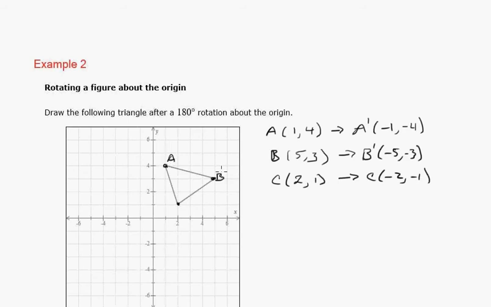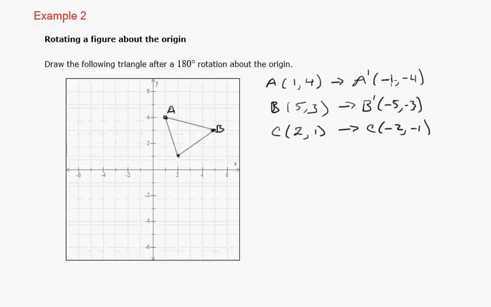So let's graph these and see if it looks right. -1, -4: 1, 2, 3, 4 would be right there. -5, -3 is right there. -2, -1 is right there.